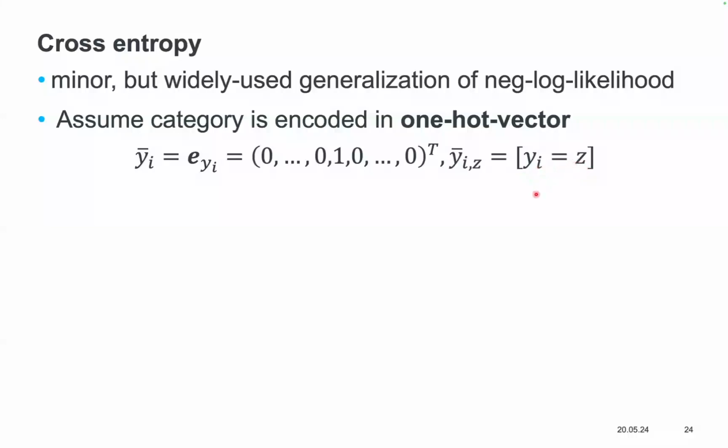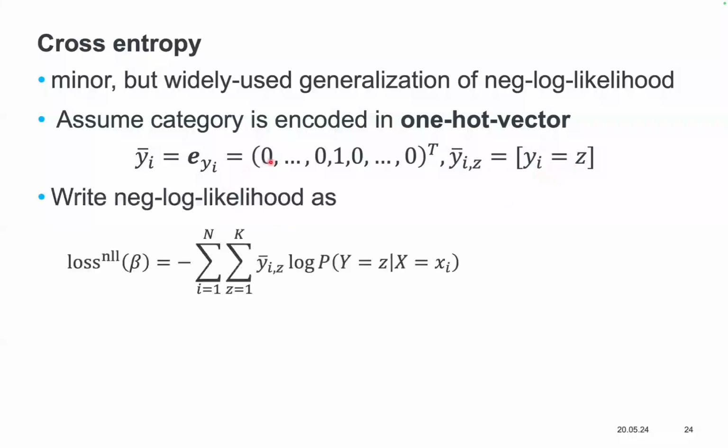So if y_i equals 4, we would have a 1 here, but if y_i equals 1, for example, it would be a 0 because that would not be true. Now we can do a small notational trick. As before, we go over all data points, but now we add a sum that goes over all the possible classes. Remember, we have k many different classes. And for each class, we read out the value of this y-bar i comma z.